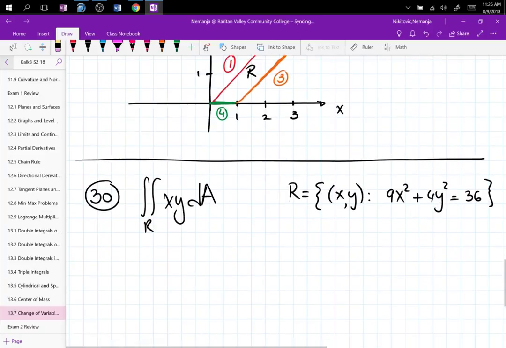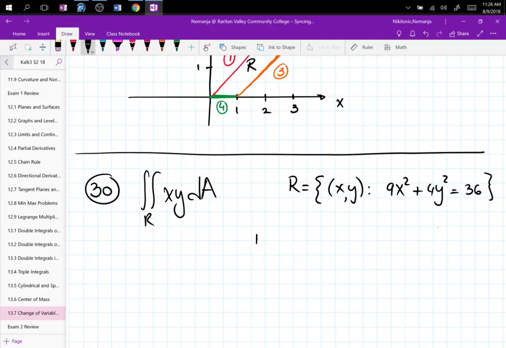So let's see what we have. The transformation that is given to us is x equals 2u and v equals 3y. y equals 3v.